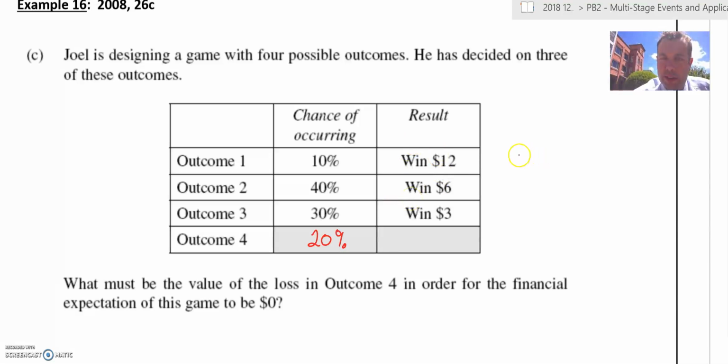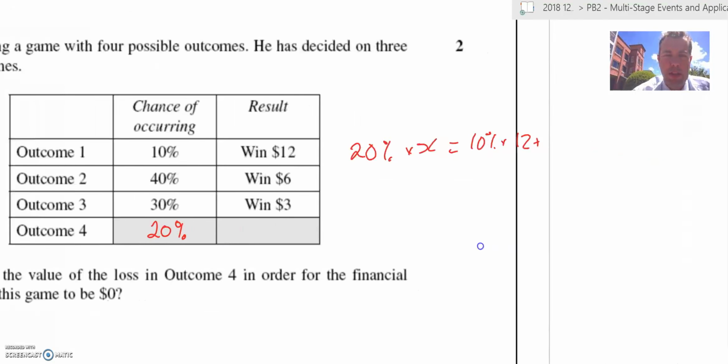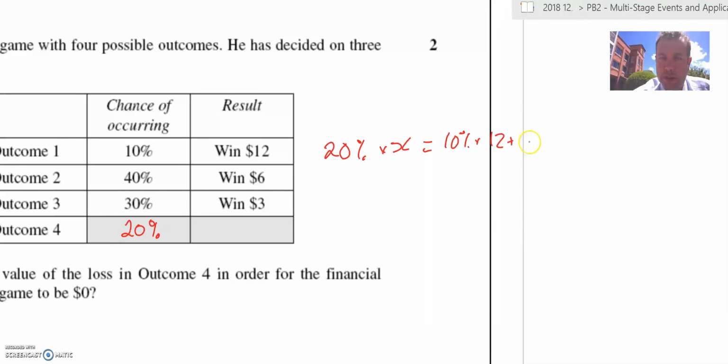So what I'm going to say is 20% of x, 20% times x, is equal to 10% of 12 plus, oh, I'm going to run out of space here, aren't I? 10% of 12 plus 40% of 6 and 30% of $3.